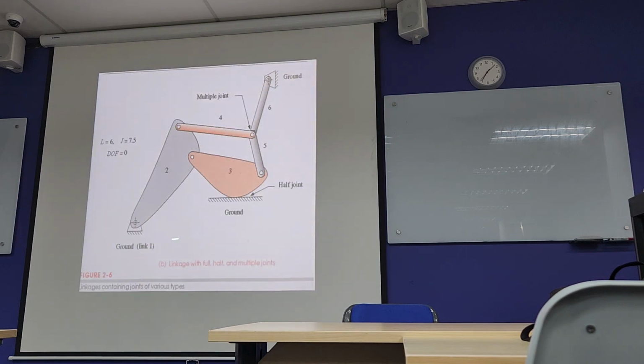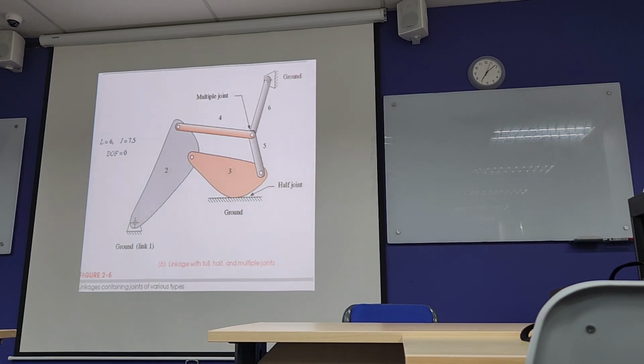Can you see how many links are here first? Okay, ground is link 1. This is link 2. This is link 3, link 4, link 5, link 6. So there are 6 links here. How many pin joints are there?